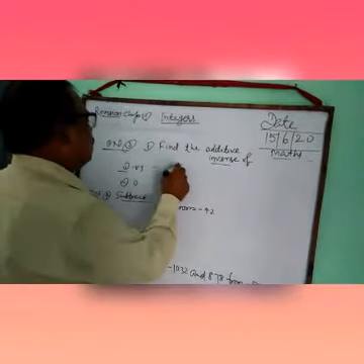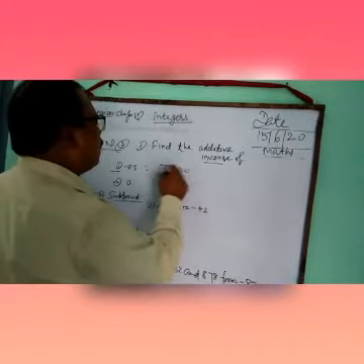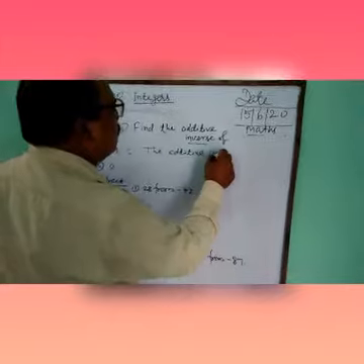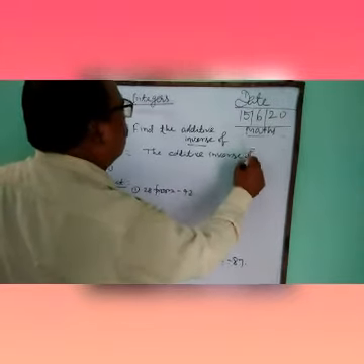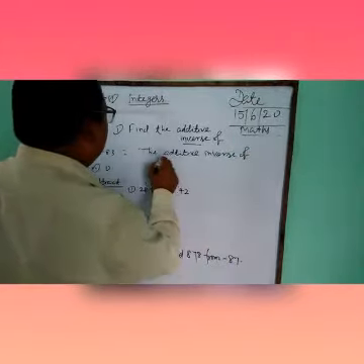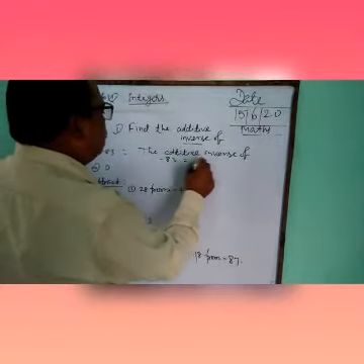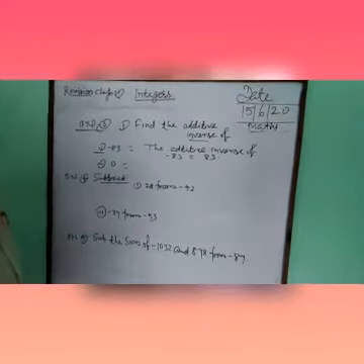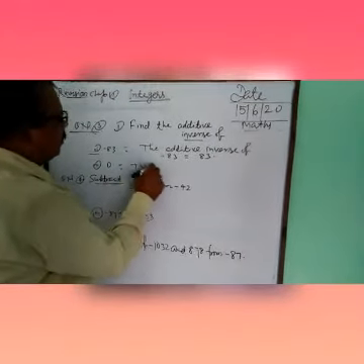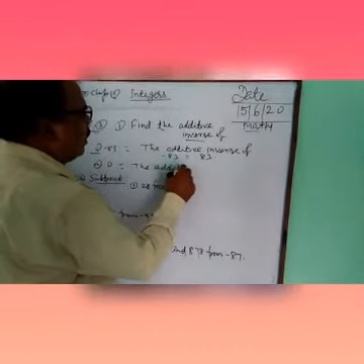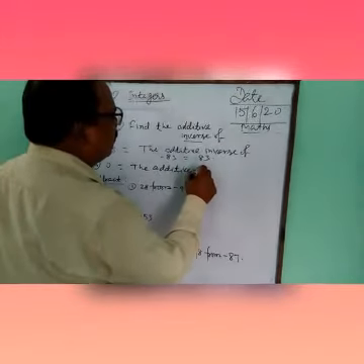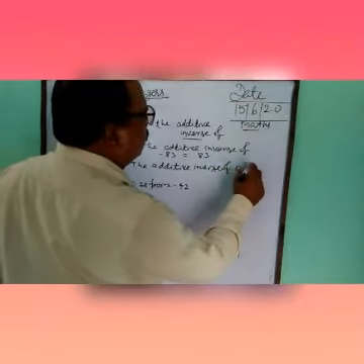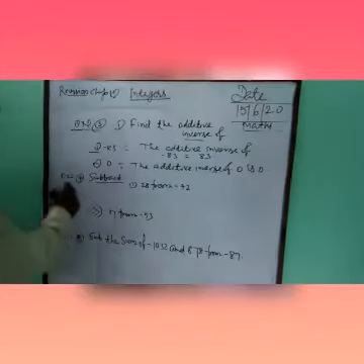Write the additive inverse of -83 is equal to 83. Additive inverse of 0 is 0.